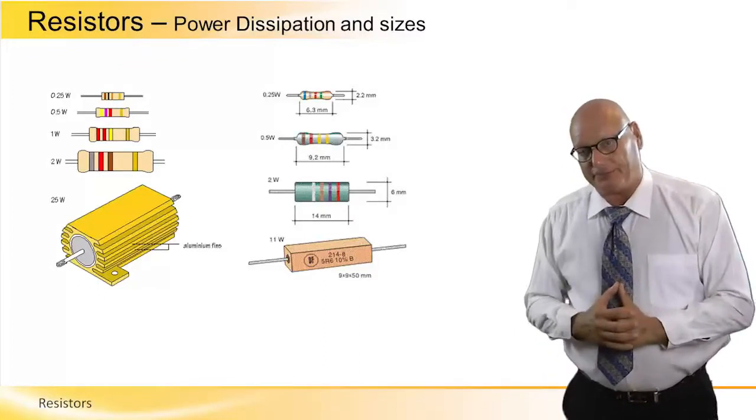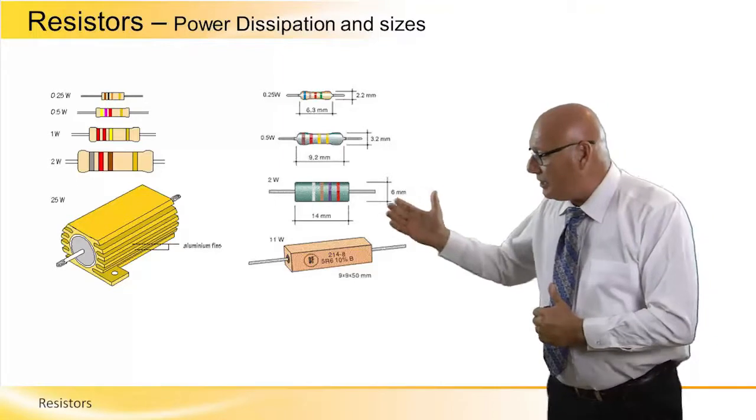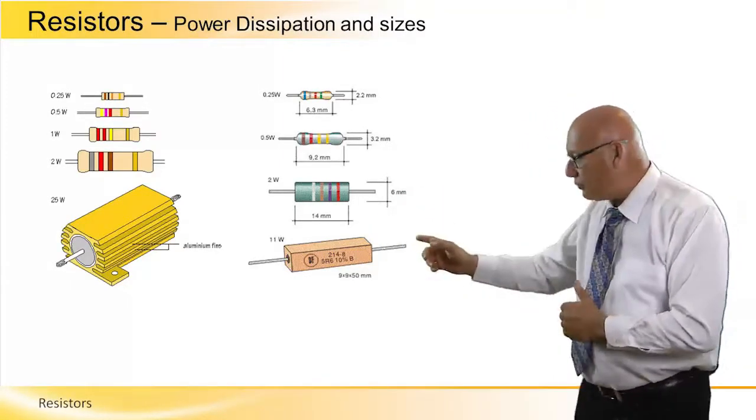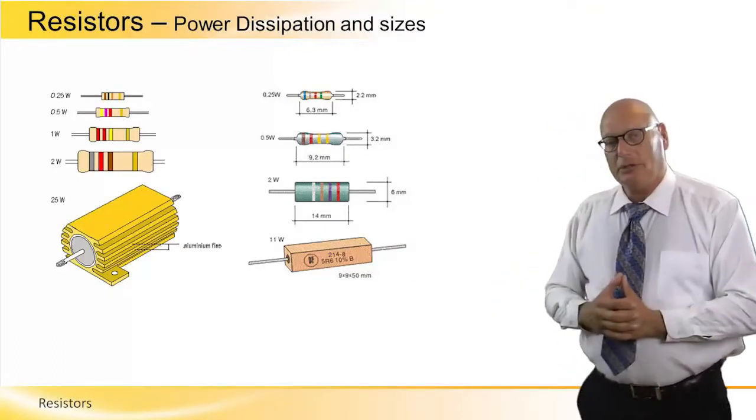so more heat can be in contact with the air and dissipated more effectively. And we can see on the picture, on the left-hand side, a quarter of a watt. The measurements are on the right-hand side in millimeters. And then it goes to half watt.